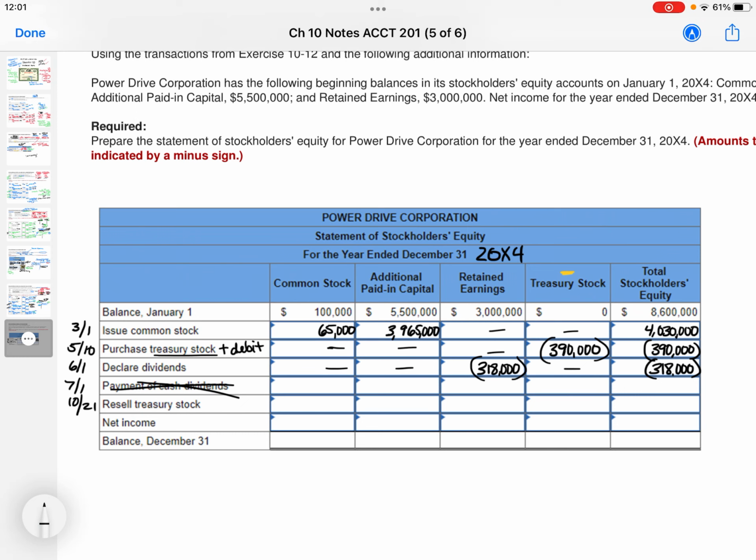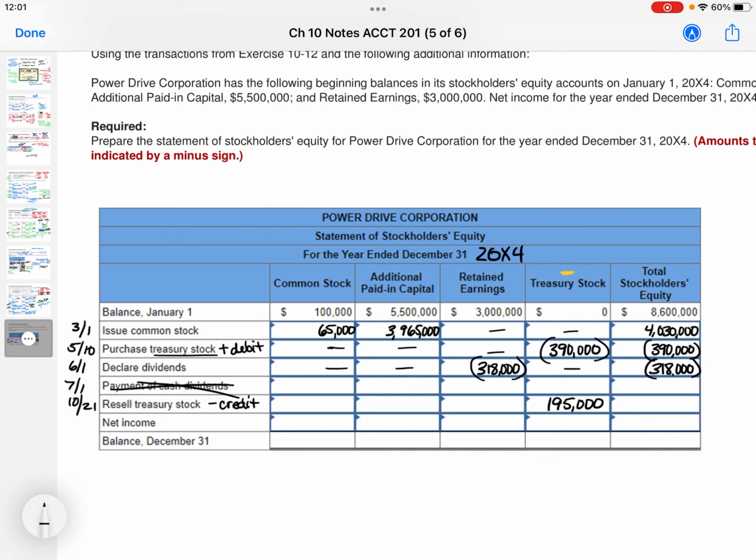Reselling that treasury stock. So that one would be an increase of $195,000 right here to that treasury stock column. And it's an increase. So it actually is reducing my treasury stock account with a credit, but a credit is good in terms of this entire statement.